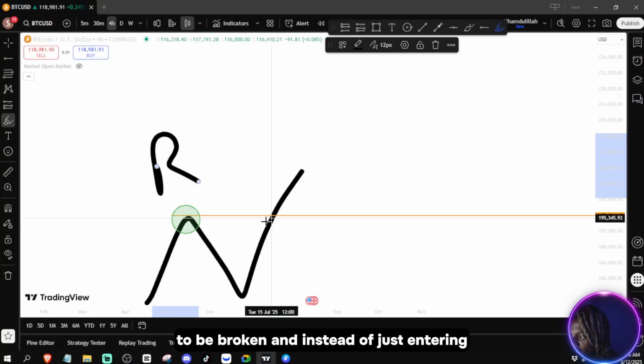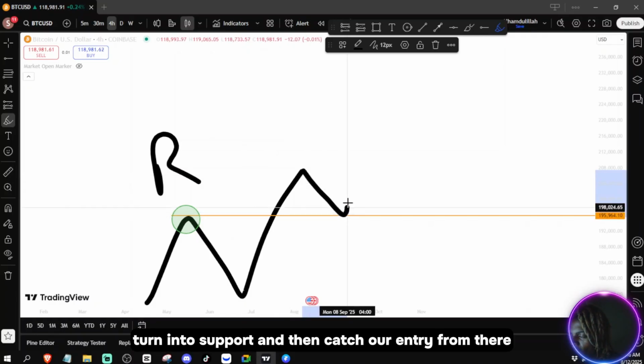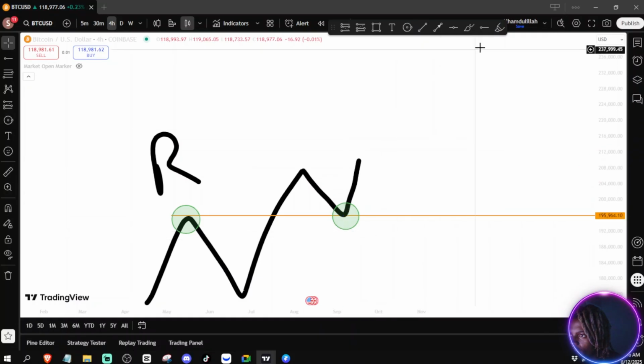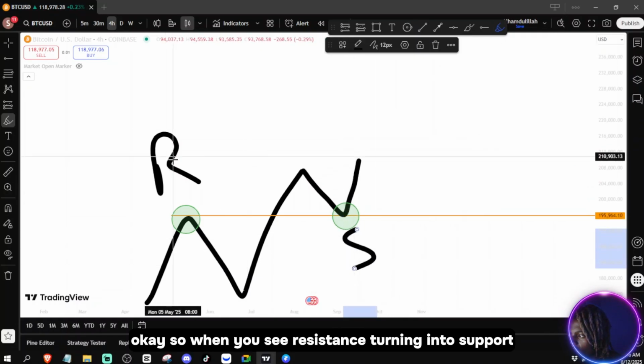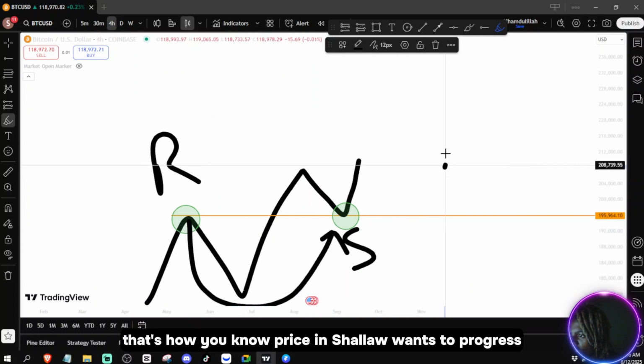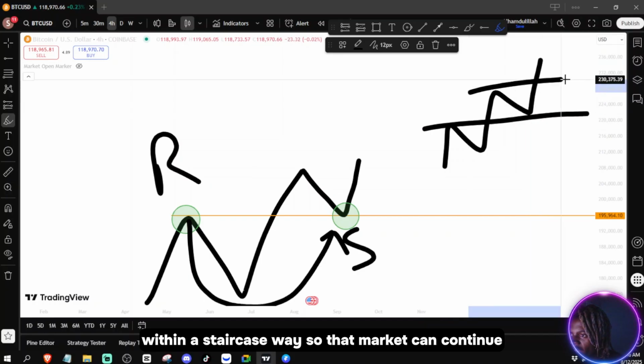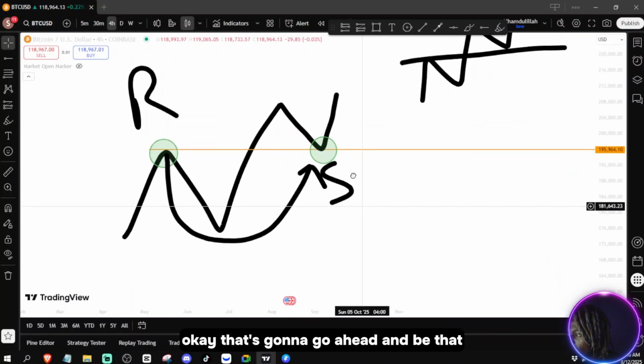And instead of entering as soon as it breaks the resistance, we're going to wait for price to pull back down to the resistance, turn it into support, and then catch our entry from there. When you see resistance turning into support, that's how you know price, inshallah, wants to progress in a staircase way, so the market can continue. That's going to be that.